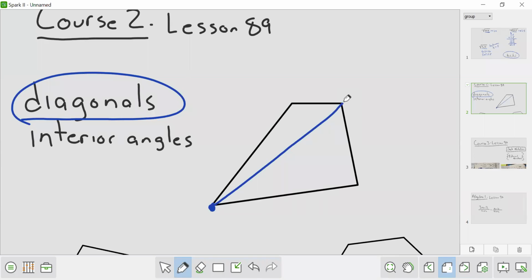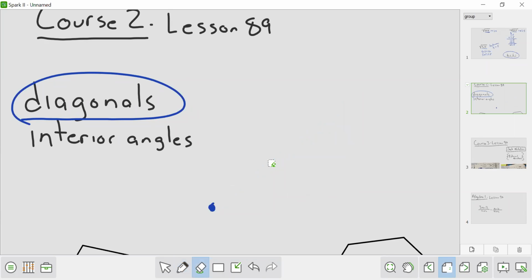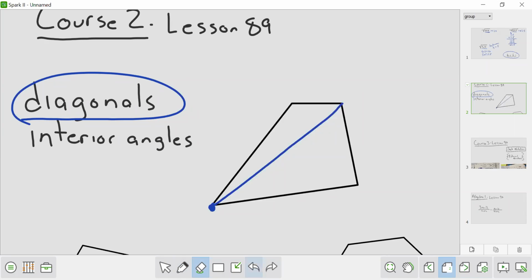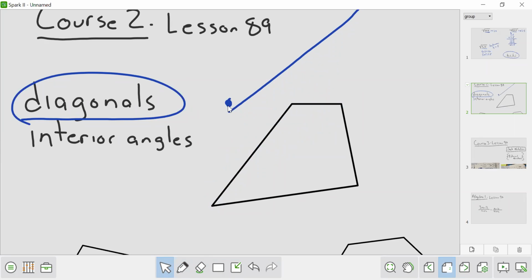What that tells us, though, is that if I have to add all the angles in this quadrilateral, one quick way to figure that out is to ask myself how many triangles are inside.